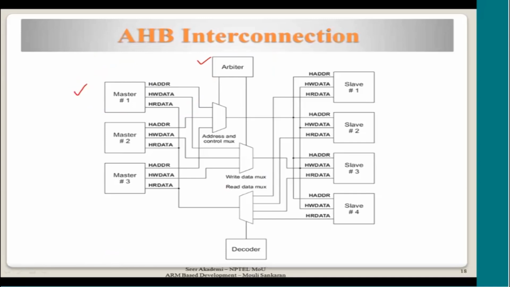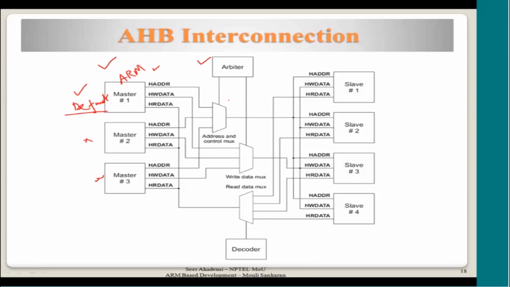That means if nobody else is asking for the bus, the default master will be given control of the bus. Suppose this is the ARM processor, maybe we can make it the default master, which is configurable. So if no one else wants the bus, it will be given to it. Otherwise, there will be a priority, and accordingly the arbiter decides who will have control of the bus at any particular point in time.